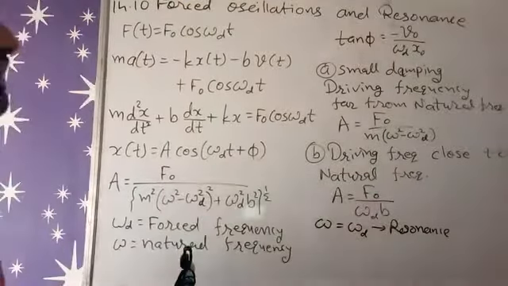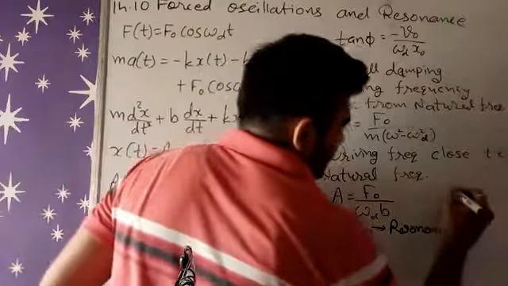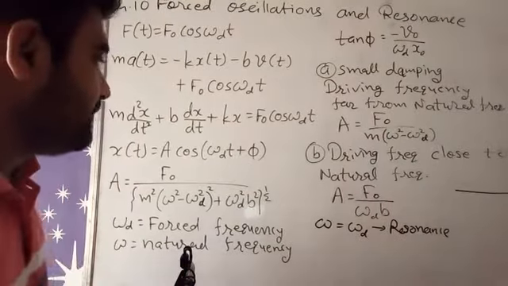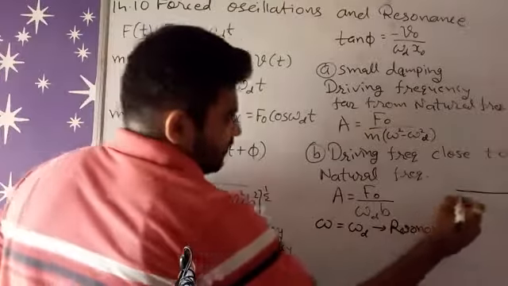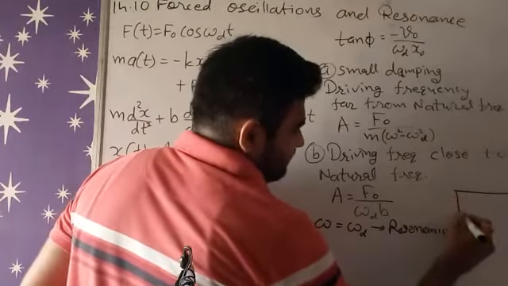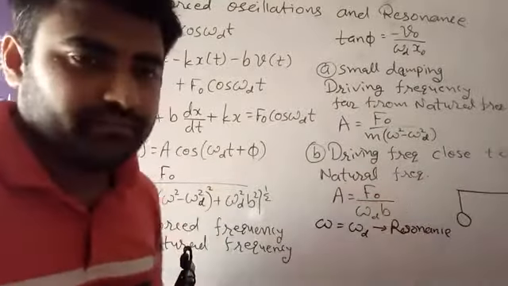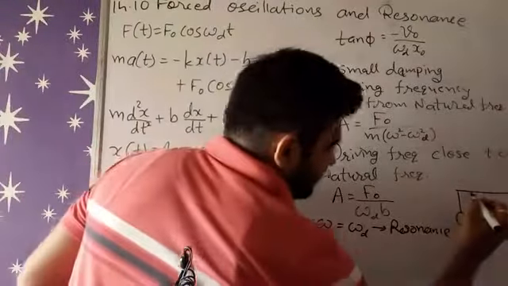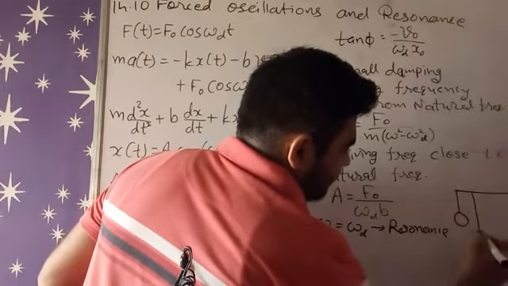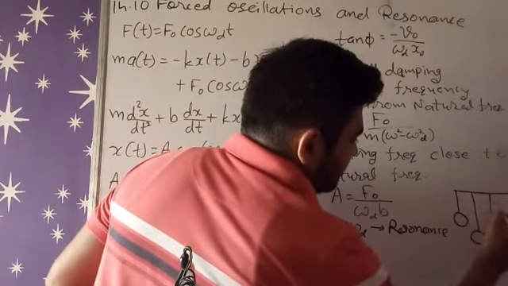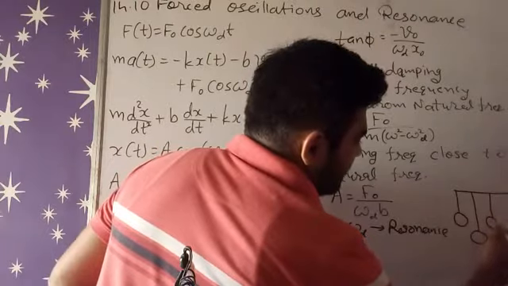Now to study resonance, I have one example. Here we have one rod, right? On this rod we have different balls hanging from a fixed point. First, then the second of larger length, then the third with the same length as the first.